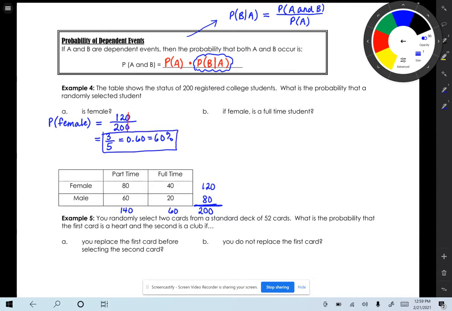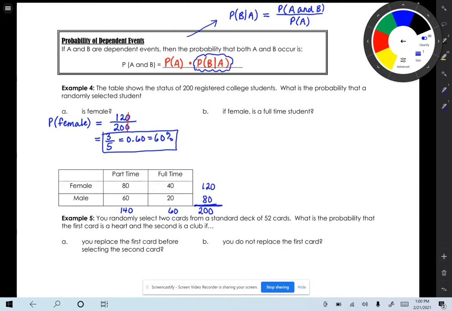Okay. What is the probability that a randomly selected student is female, or if female, is a full-time student? So if female is a full-time student, you want to find the probability.